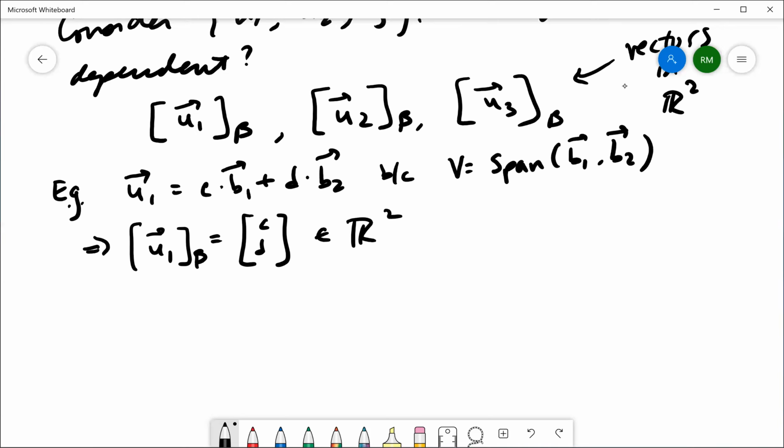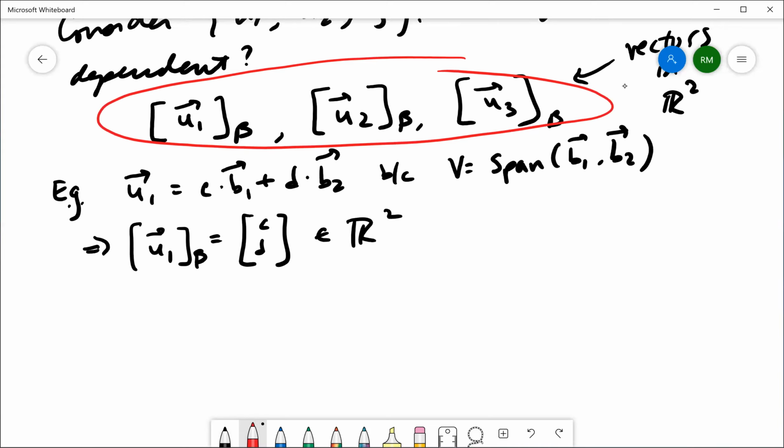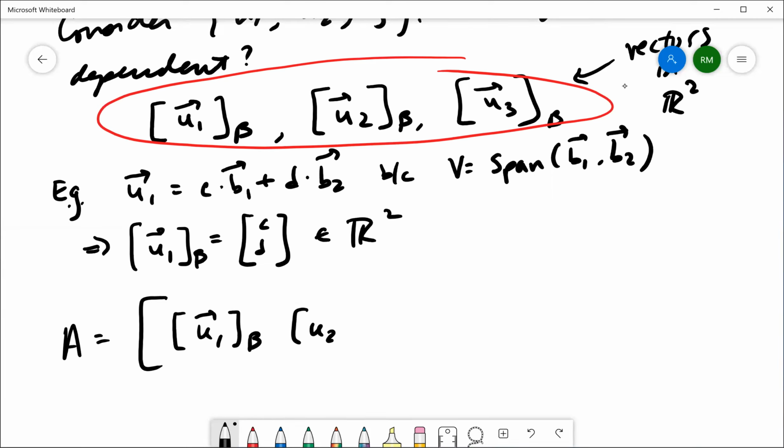So let's take these vectors, and what do we always do? We want to put them in a matrix and row reduce. So we look at the matrix A, where we have these 3 column vectors. This is a 2 by 3 matrix.